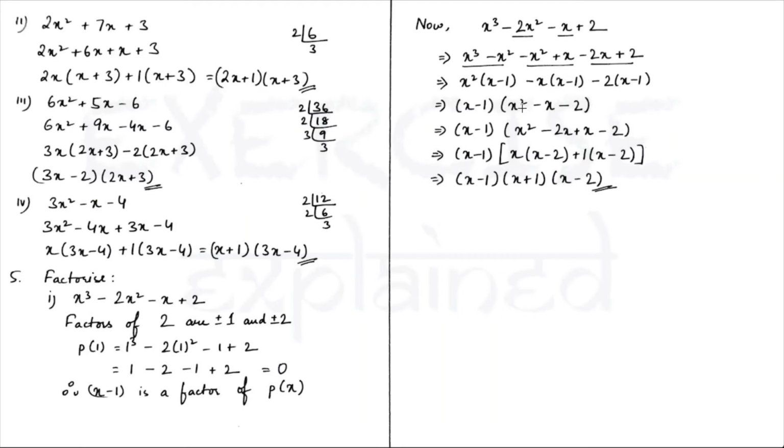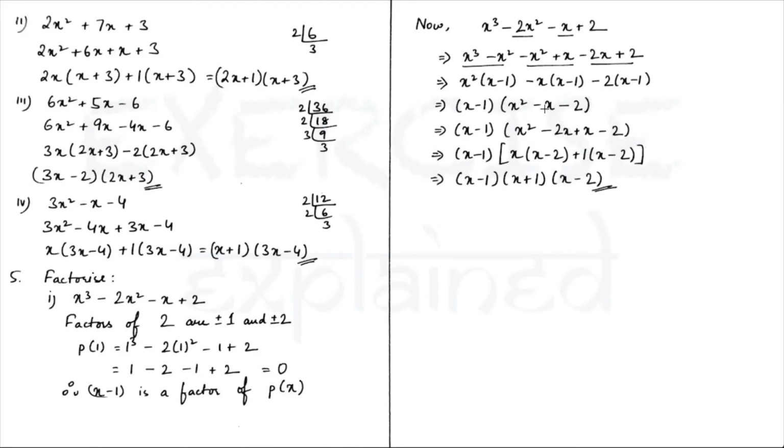So x square minus x minus 2 is again factorized by splitting the middle term. So x minus 1 remains here, and what we get here is x square minus 2x plus x minus 2.